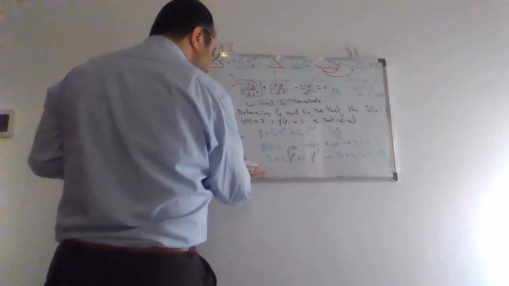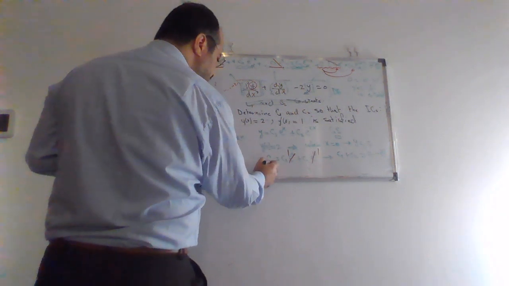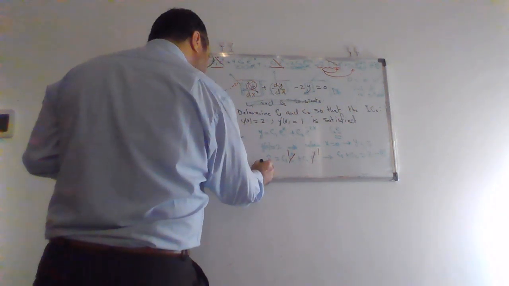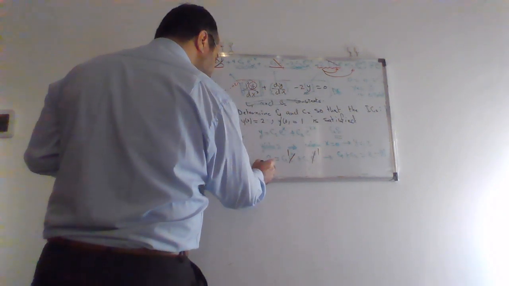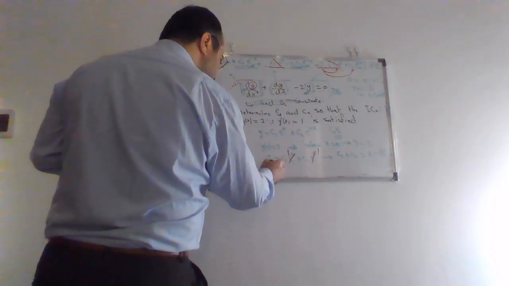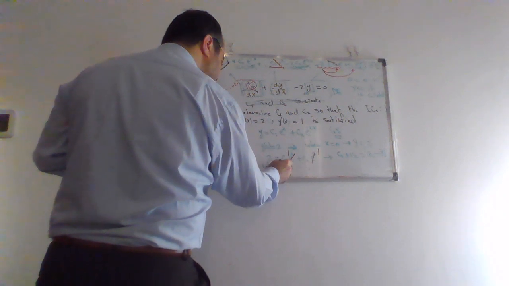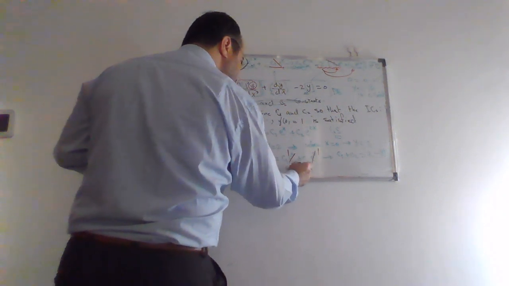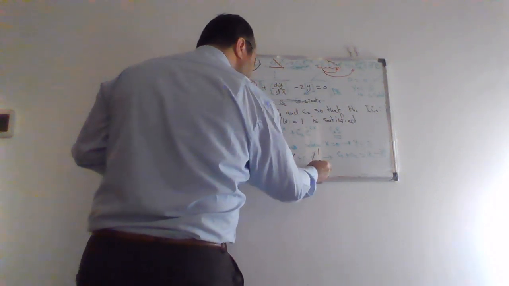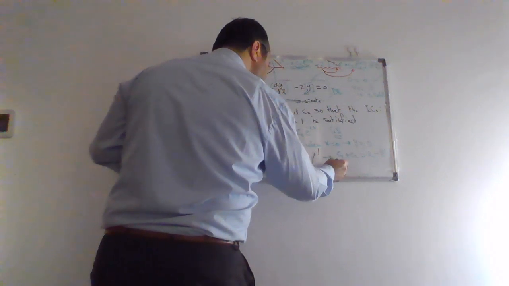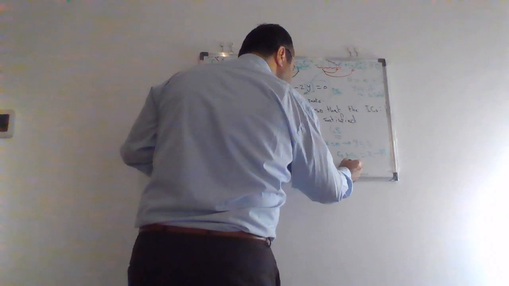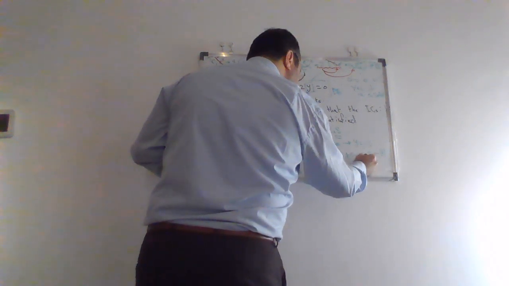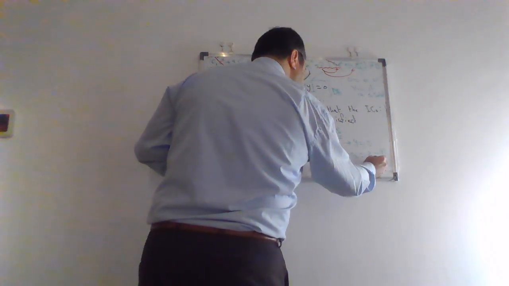And also if you go for the second condition, which says y prime of 0 is 1, this means when x is 0, y prime should be 1.